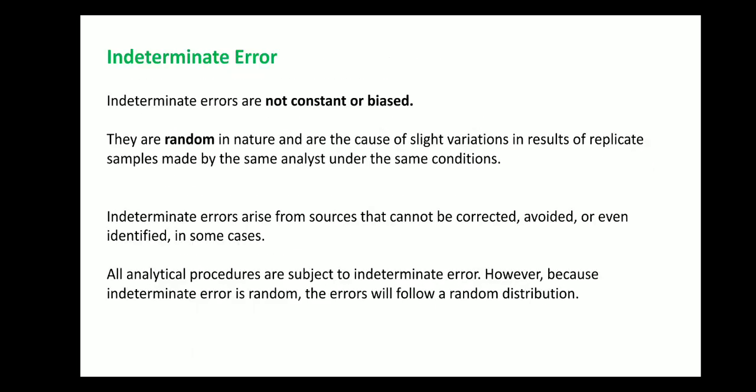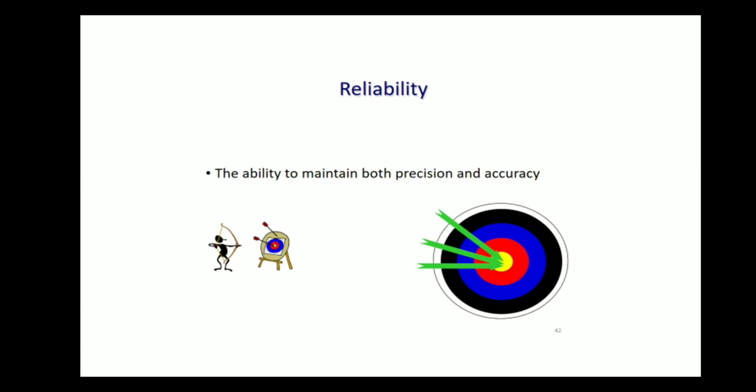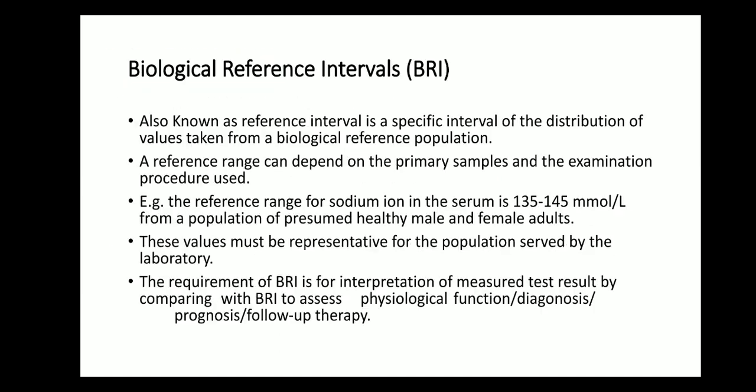And one point in QC which I have to tell is, every day we are running internal quality control. External quality control we do once a month. That sample comes from an external source.